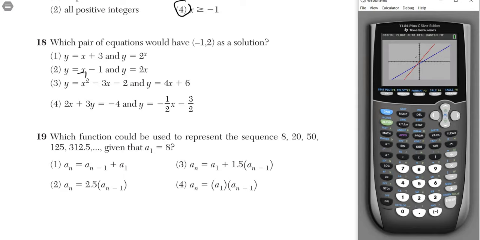Choice 3, same thing. y1 equals x squared minus 3x minus 2, and y equals 4x plus 6.